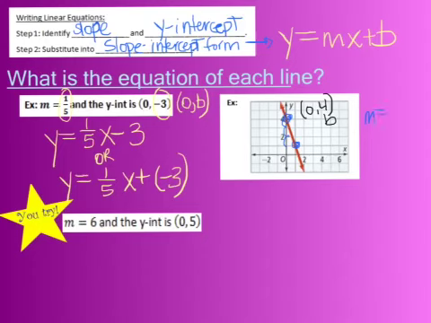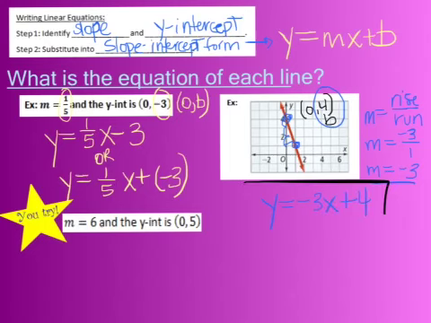So slope is rise over run, then my rise was down 3, so negative 3, and I'm running 1. I went to the right, and to the right is positive numbers, so 1. And then I can simplify that to just be negative 3. So now I have my b, and I have my m for my slope, and I can write my equation. Y is equal to negative 3x plus 4. So there's the equation of my line.